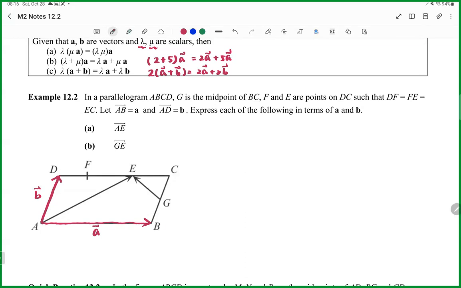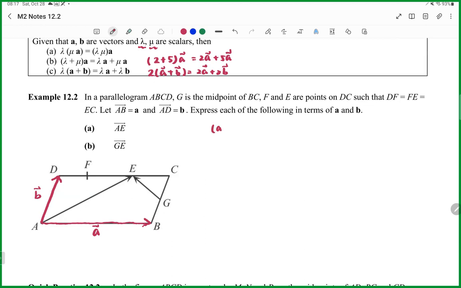The exercise is to express the other lines all in terms of A and B. Now for your information, with 2D figures such as this parallelogram, to express all the vectors in this figure, you only need two base vectors. Here A and B are our base vectors. So we'll use that to express everything else.